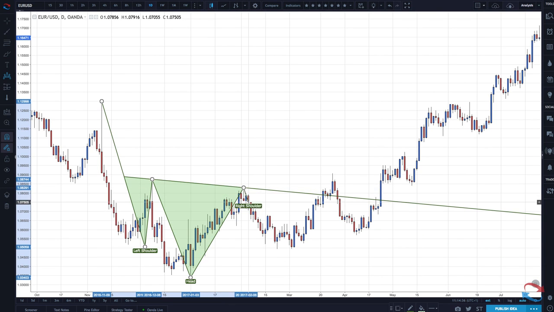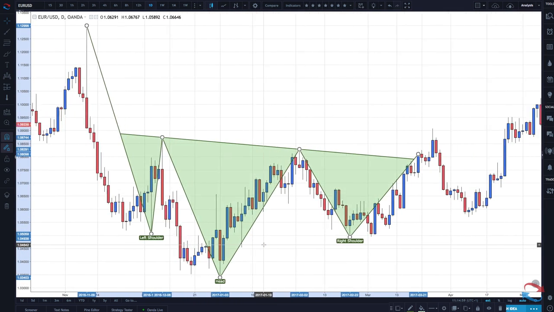Then we have the right shoulder, that would be the low, and we can see that it creates the neckline as it goes. So as prices break the neckline, we have our bullish head and shoulders pattern.